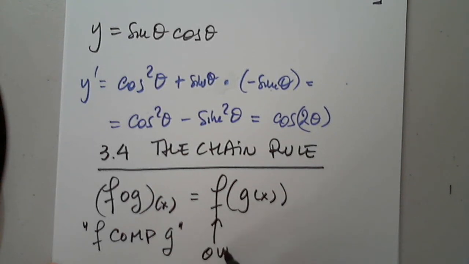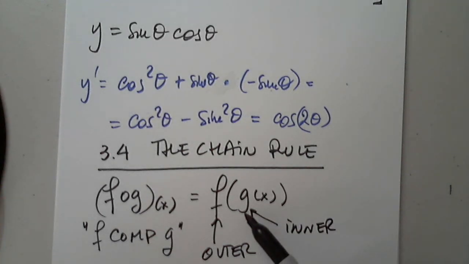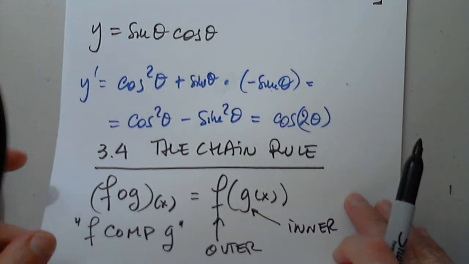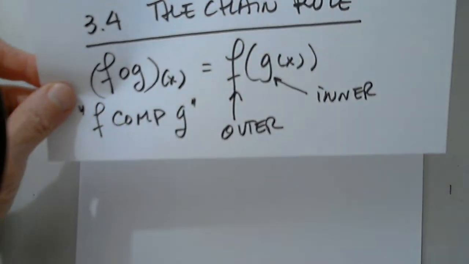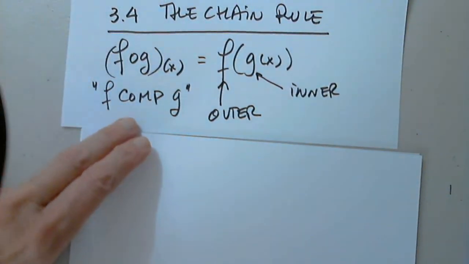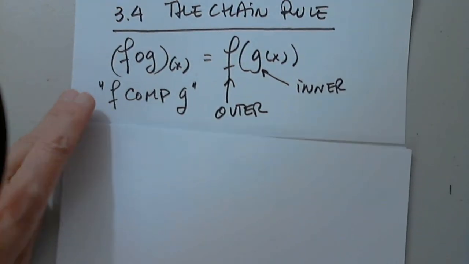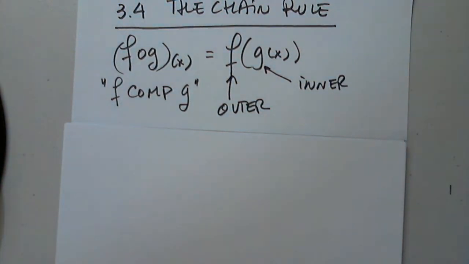Outer, inner. Why is this inner? It's because it's applied to x first. Once I get a number, then I apply f to that number. So this is not any of the algebraic operations, adding, subtracting, multiplying, dividing functions.